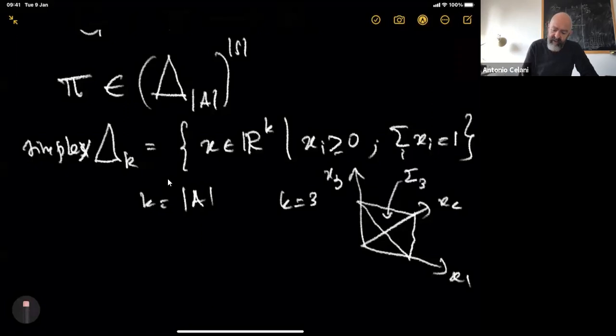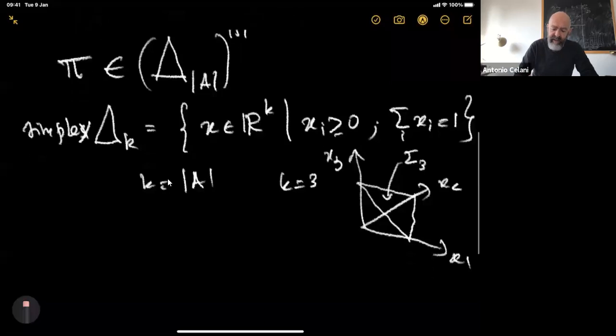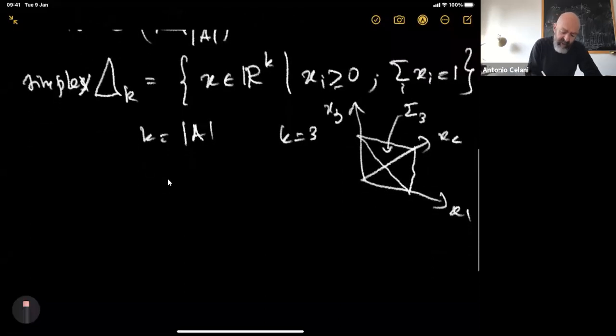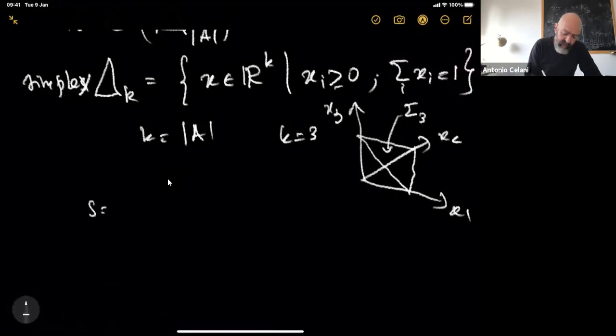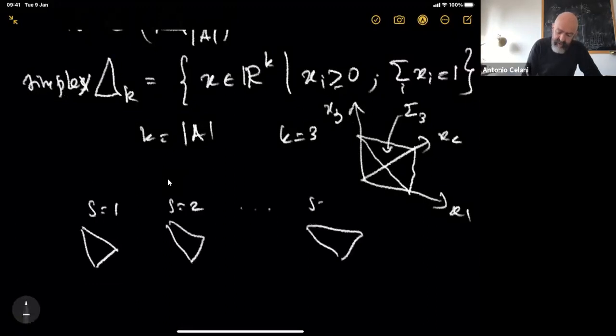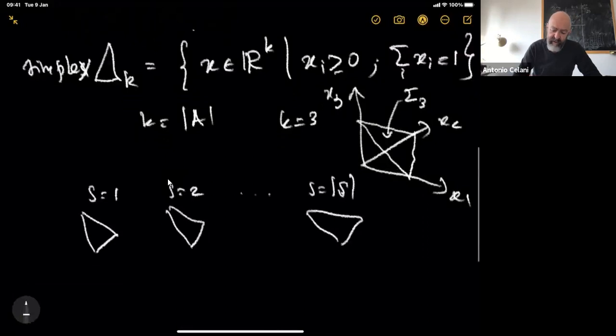And then I have as many of those as states I have. So in our case, for state 1, we have one simplex. For state 2, we have another simplex. And then we have the simplex for state capital S, the largest item in the list.